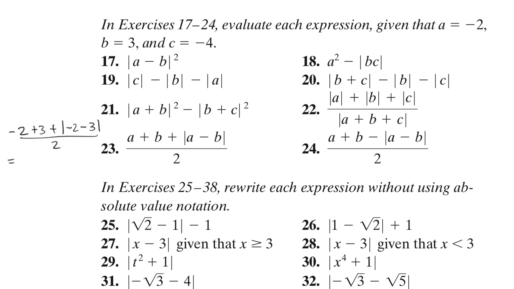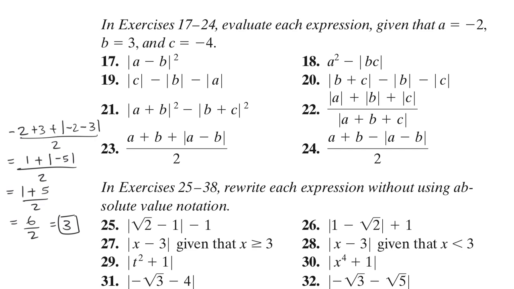So I would then take, well, -2 plus 3 is 1, plus the absolute value of -2 minus 3, which is the absolute value of -5, all divided by 2. And so that'd be 1 plus the absolute value of -5 is 5 over 2. And 1 plus 5 is 6 divided by 2, which is 3. Not so bad.